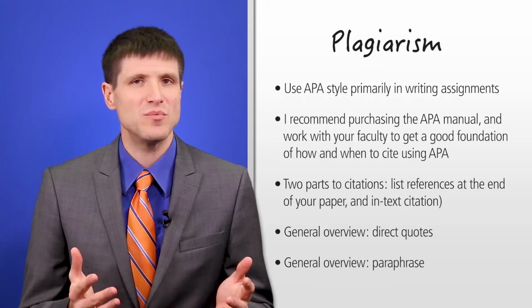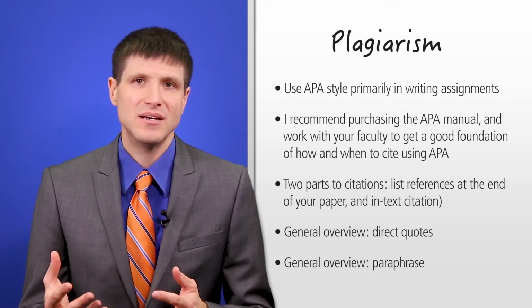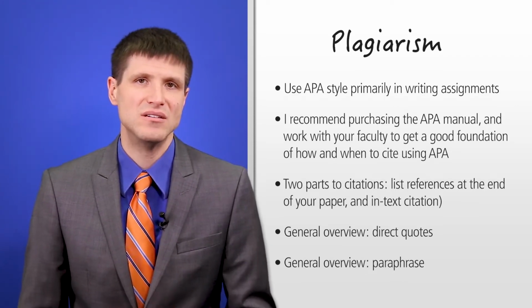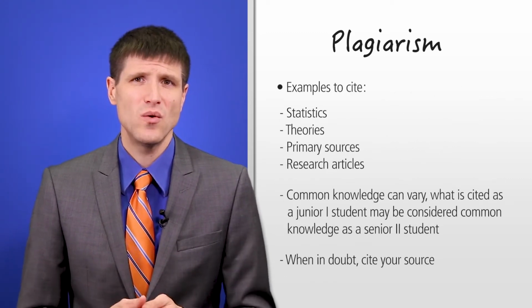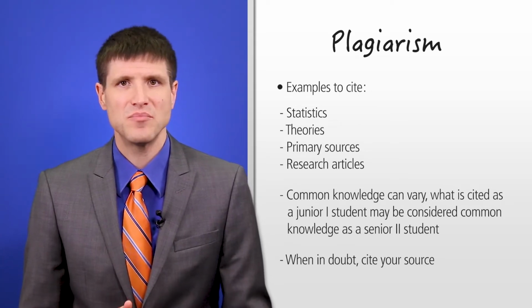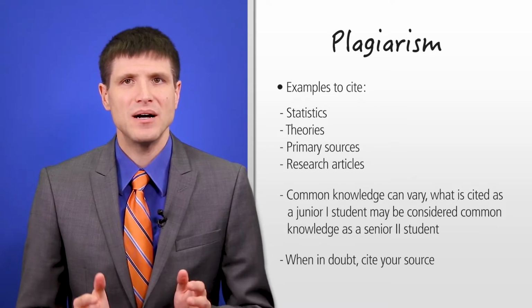You don't need the quotation marks because you've determined how to phrase it, but because it's somebody else's ideas, you're still going to have that citation in there. Some examples of what to cite are going to be statistics, theories, primary sources, research articles, and so on.